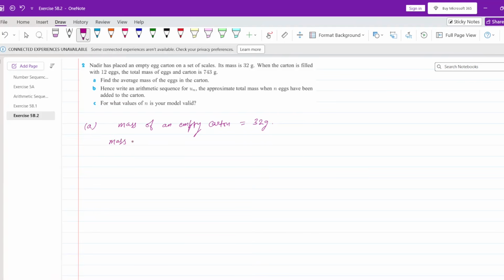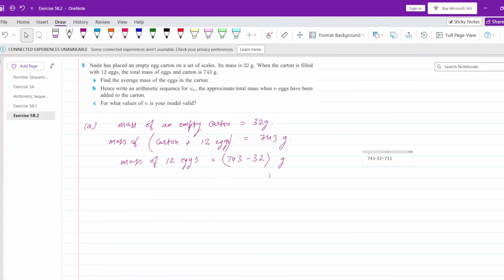And we know the mass of the carton plus 12 eggs is 743 grams. Can we say the mass of 12 eggs is going to be 743 minus 32 grams, and that is 711 grams?